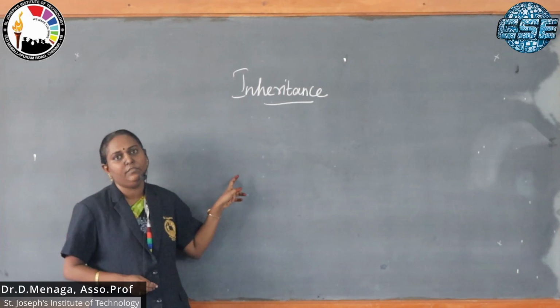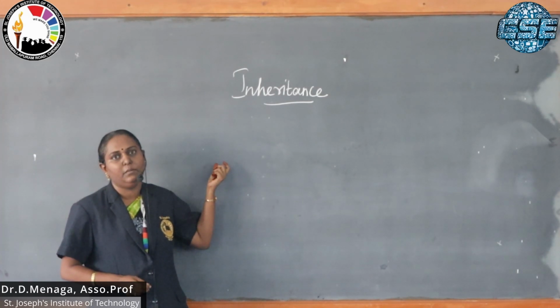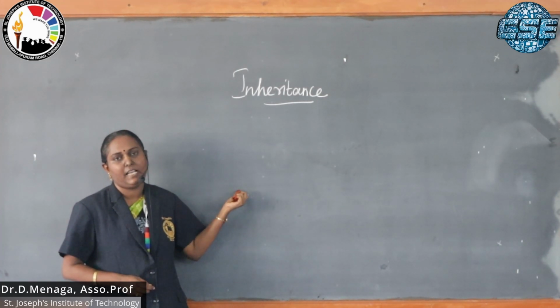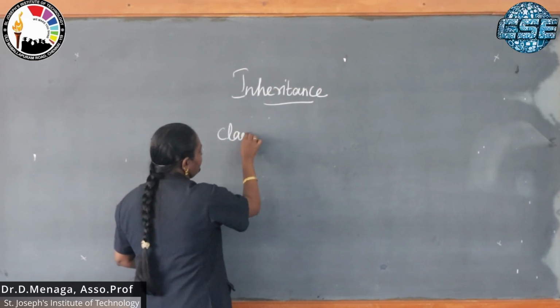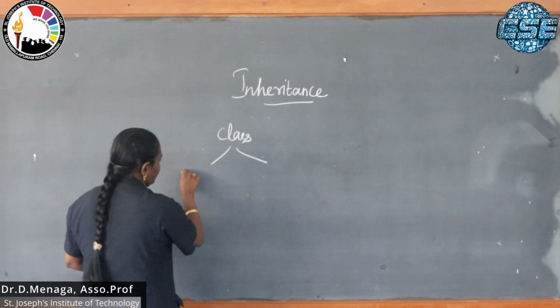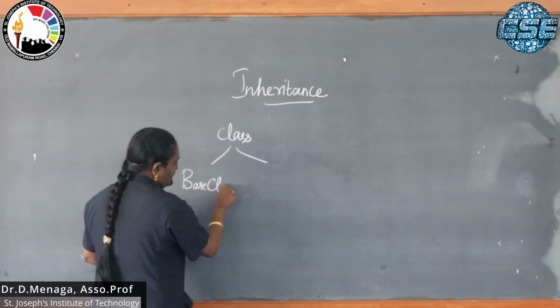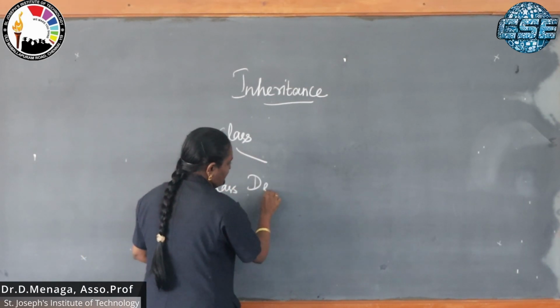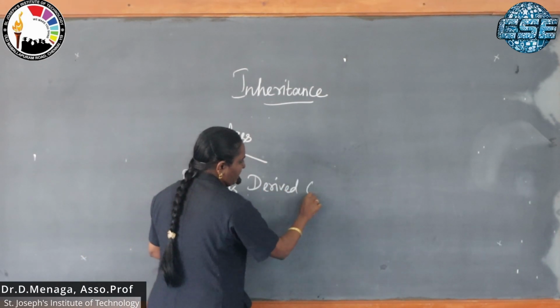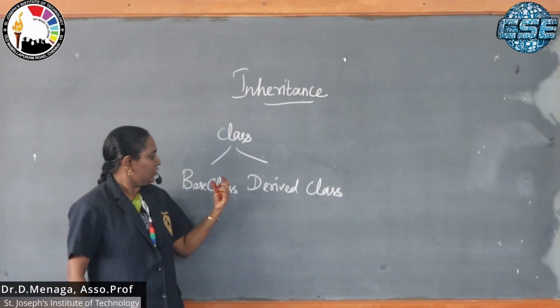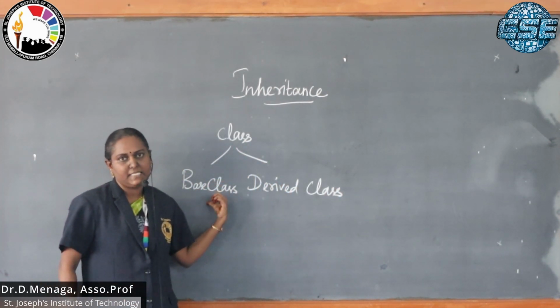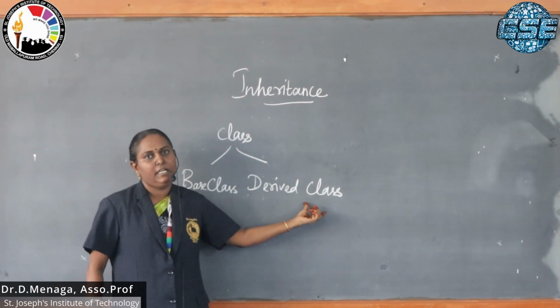The two keywords used here are base class and derived class, and the properties of a base class can be accessed from a derived class.